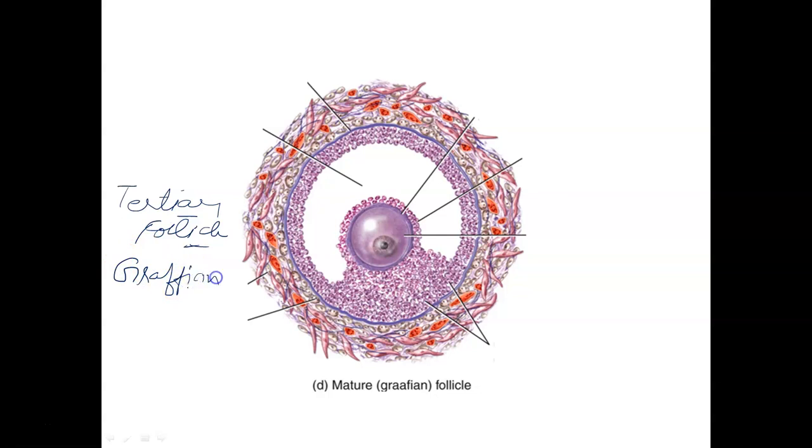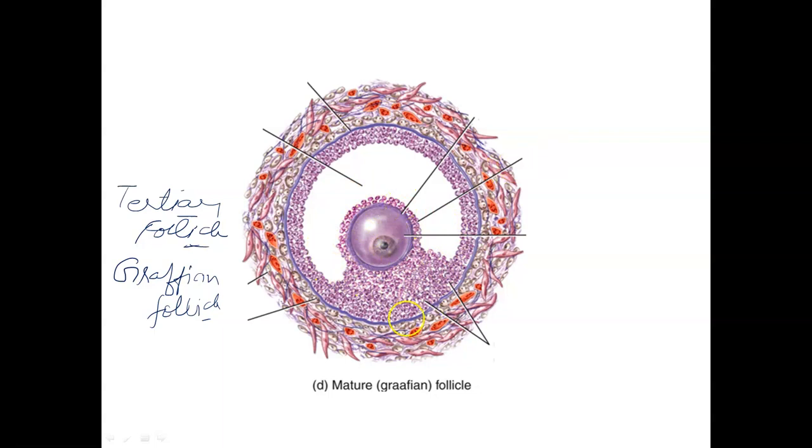This Graafian follicle has the secondary oocyte in it, because it has undergone the first meiotic division. So from the primary oocyte, the secondary oocyte is formed here. We will first see the labeling of that Graafian follicle, and then in the coming slide we will see the separate diagram of that oocyte also.